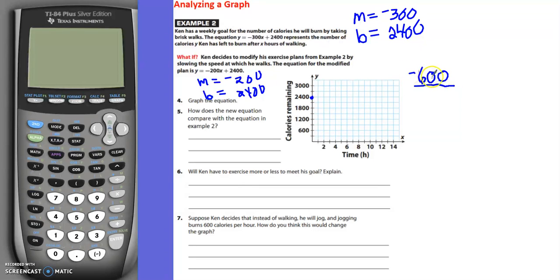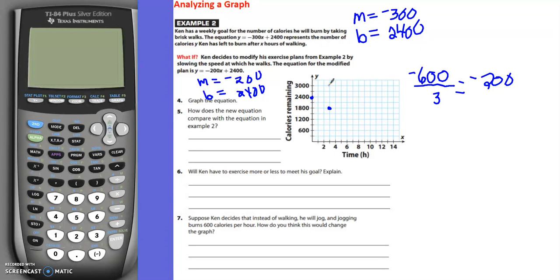So let's say I went down 600 and to the right 3. That would get me a slope of negative 200. So if I went down 600 and to the right 3, it would look like that.